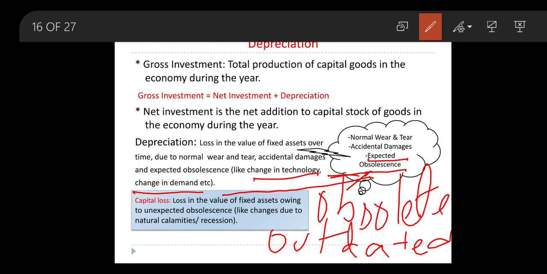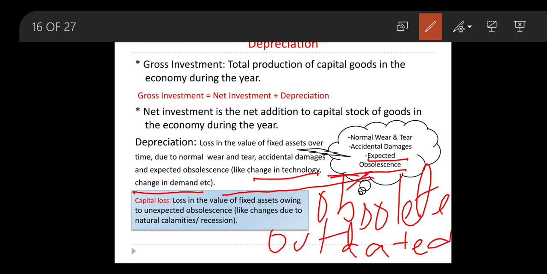Now next is change in demand. Let's assume that demand changes from rubber shoes to leather shoes. So what will happen to the rubber shoe producing machines is that we have to replace them with machines which can manufacture leather shoes, right?